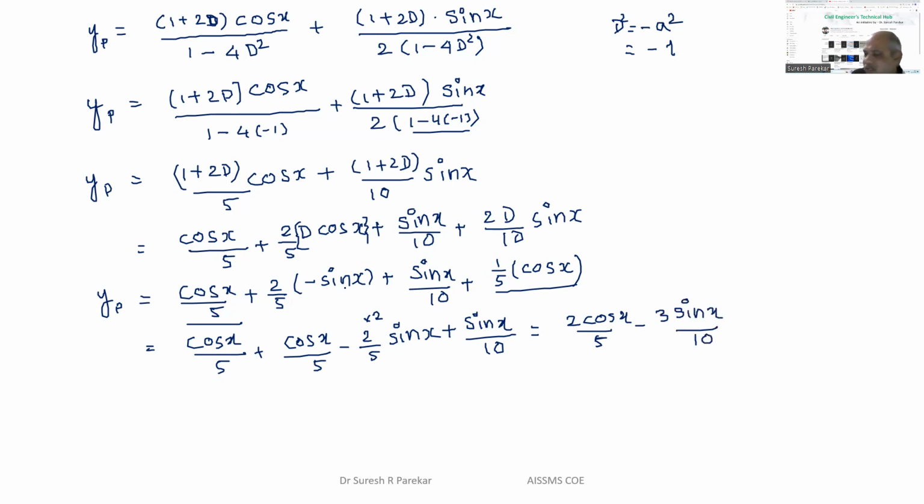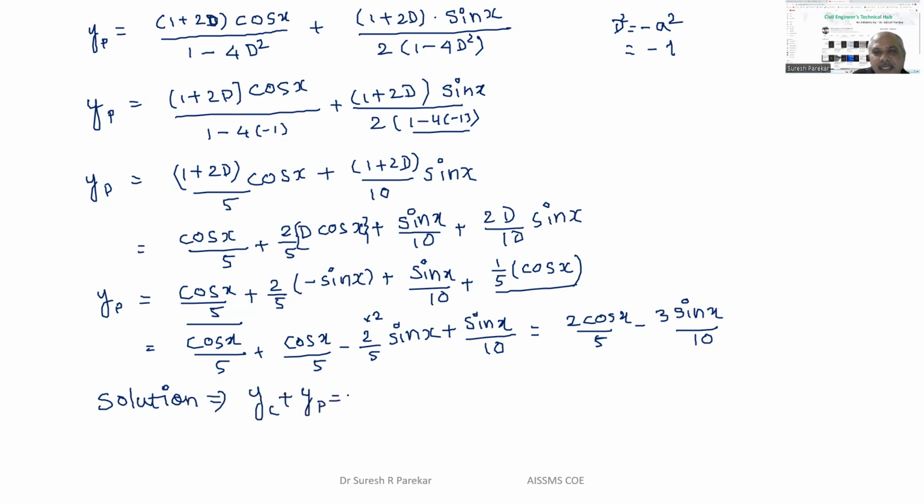Just check the calculations. So we have 1 by 5 sin x, I got it as 2 by 5, so 1 plus 2d and 1 by 5 cos x. So minus 3 sin x upon 10. So just check this coefficient and then we have the solution. The solution is the complementary function plus the particular integral.